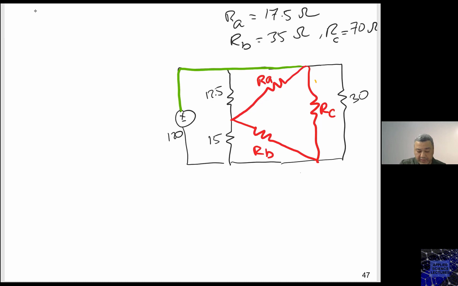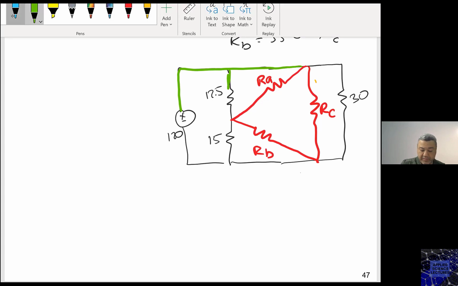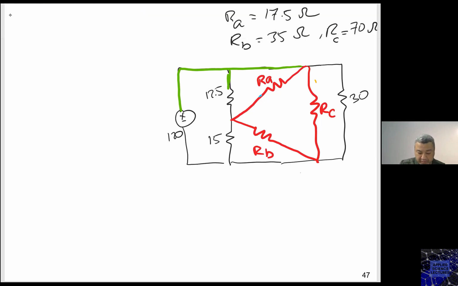Again, look at the nodes, right? They're sharing the same node, 12.5 and RA, both of them. They are in parallel. RC and 30, they are in parallel. RB and 15, they are in parallel.